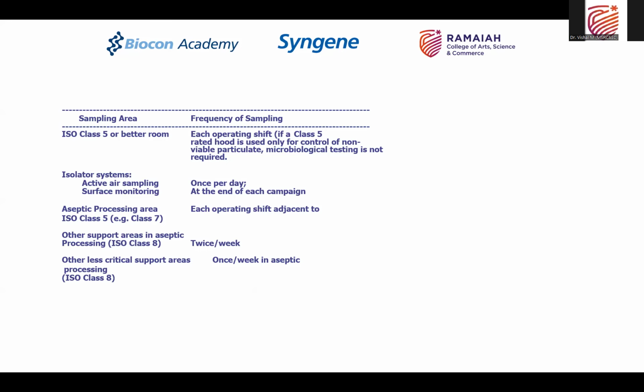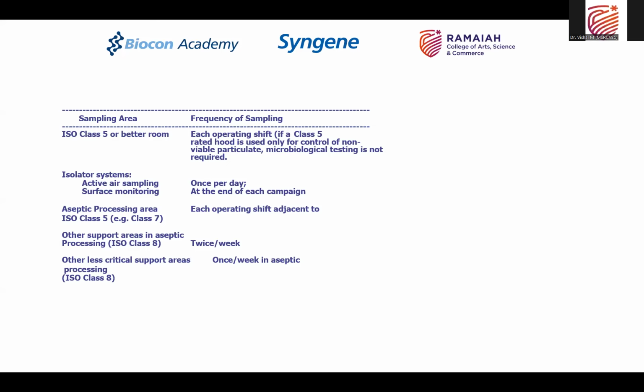You remember what ISO class 100 is? Come on, people. ISO class 8, class 100. Only 100 particles should be present per cubic meter.